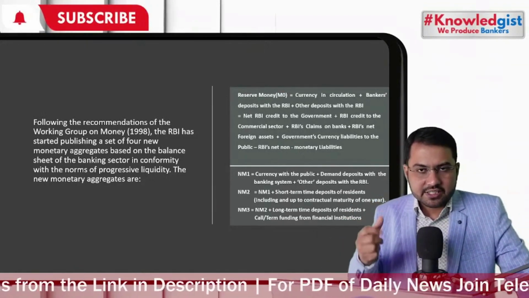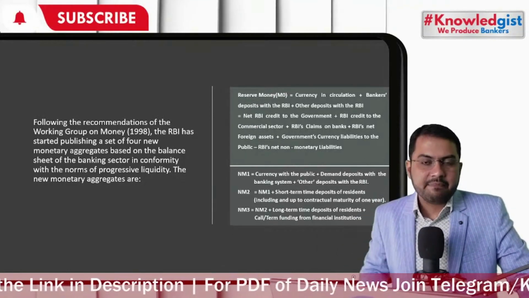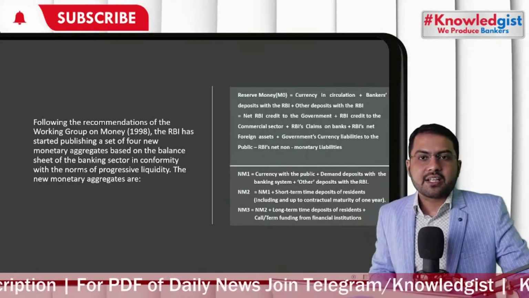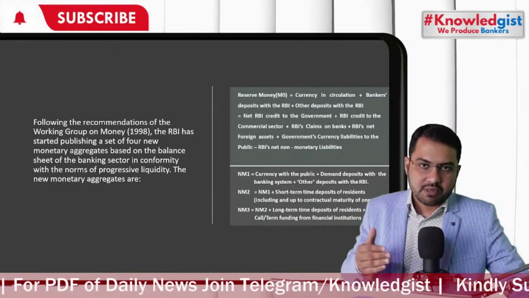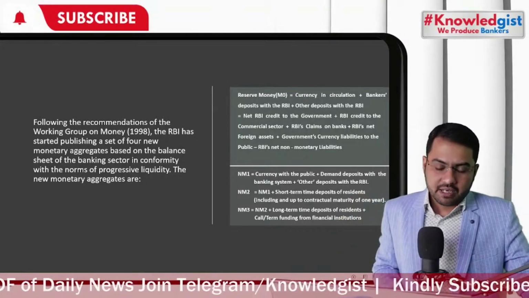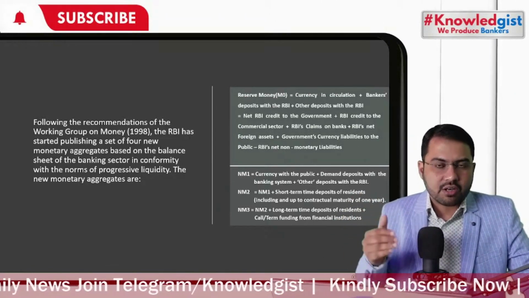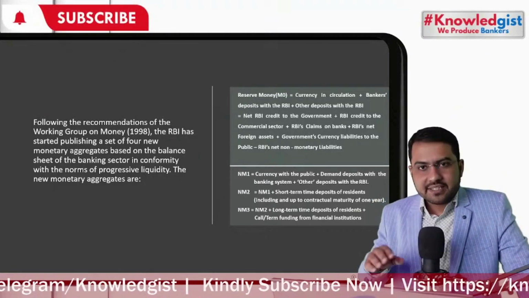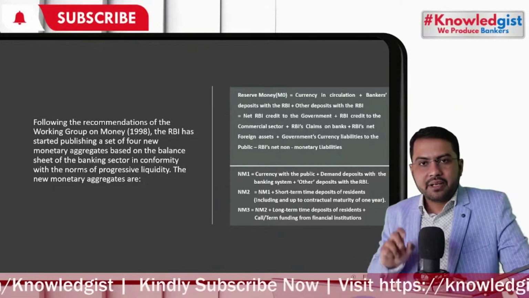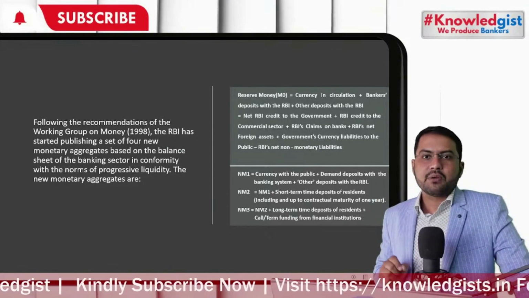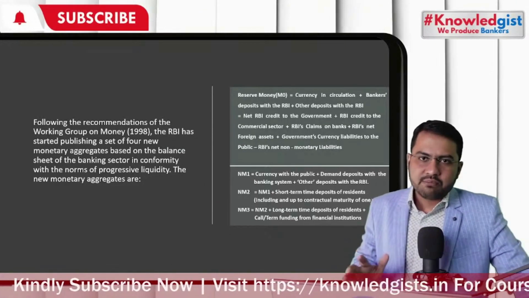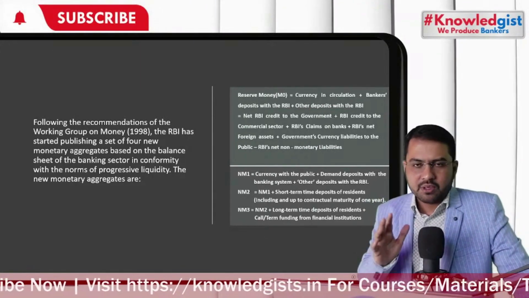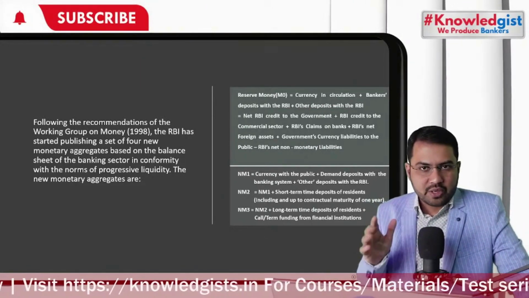On that basis, Reserve Bank of India publishes from time to time the monetary aggregates, and we will discuss it as and when the Reserve Bank of India publishes. Some of them are published quarterly, some weekly, some on a fortnightly basis. So that is important. Maybe they will ask you about these things. In the entire chapter, I will tell you what is important from your exam point of view. M0 to M4 is many a time asked in banking, so it is important for you to know about M0 to M4.